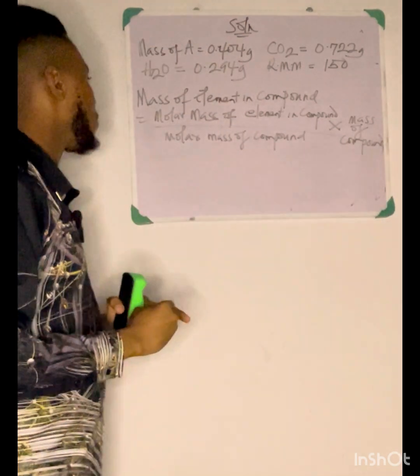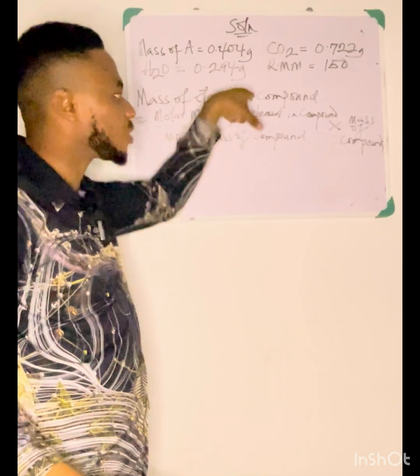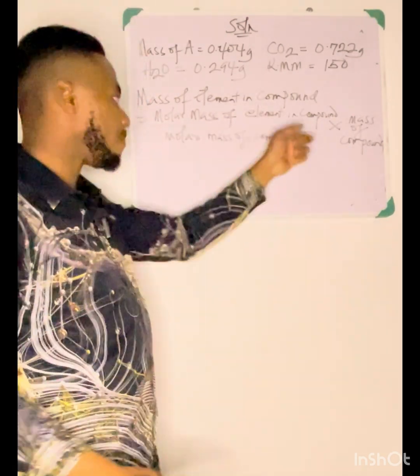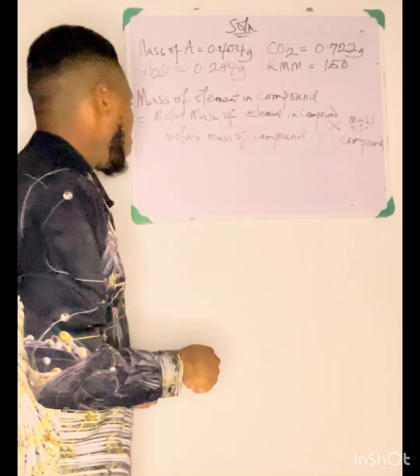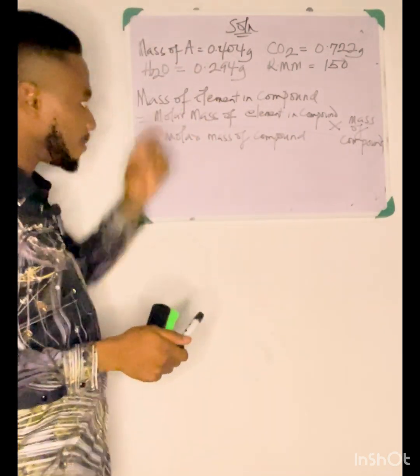So we have to divide the molar mass of the element in the compound by the molar mass of the actual compound times the mass of the compound. That's how we can get the mass of the element in compound.